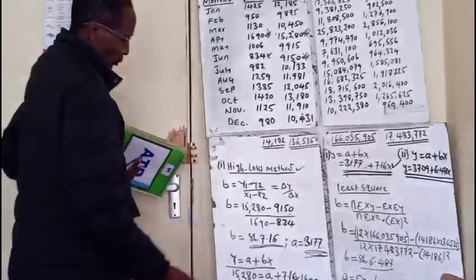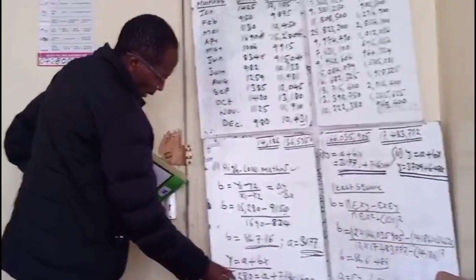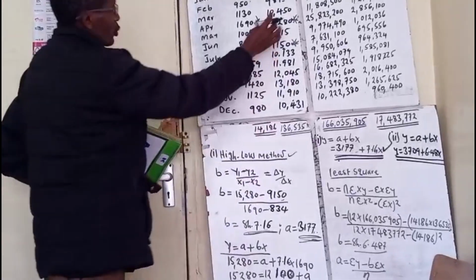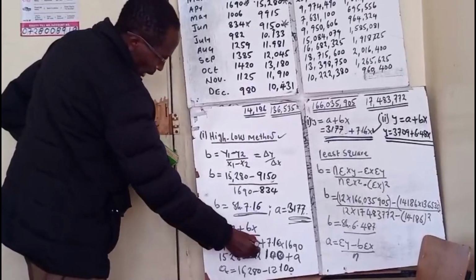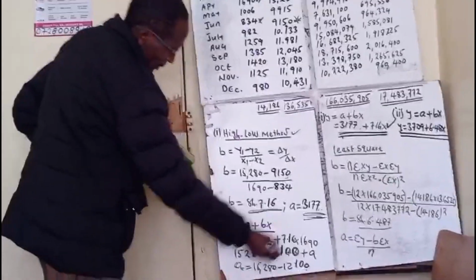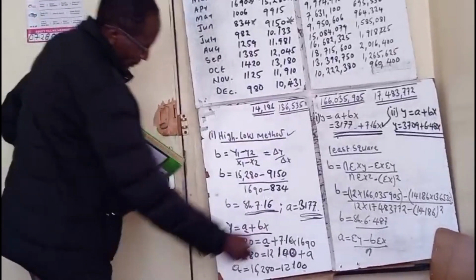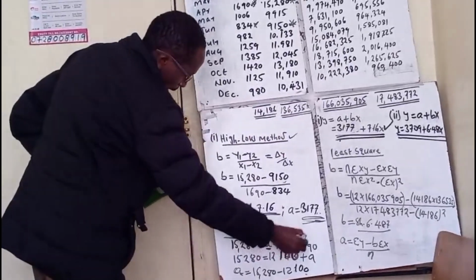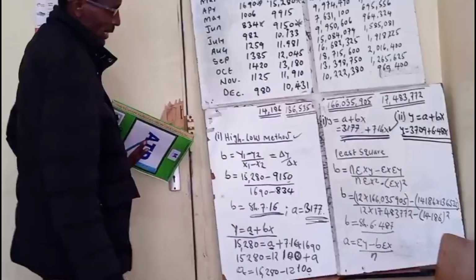Now let's try 15,280. y equals A plus BX. So 15,280 equals A, which is what we are looking for, plus B. We have calculated our B as 7.16, multiplied by x.